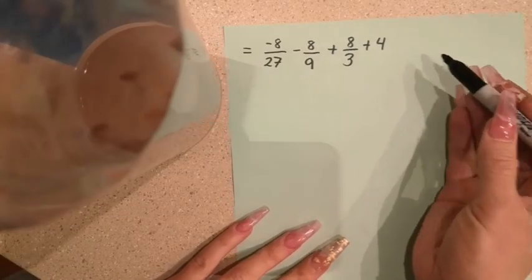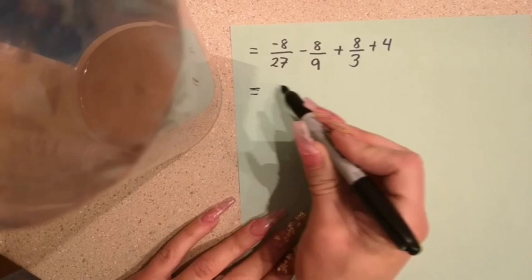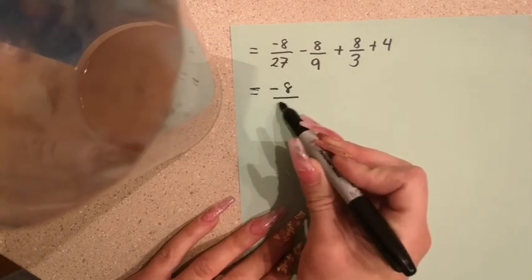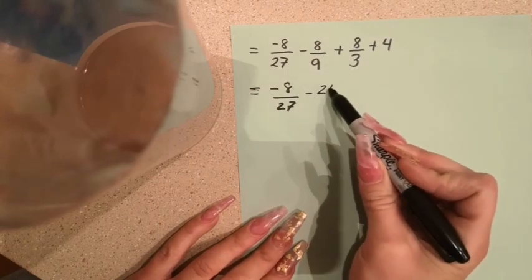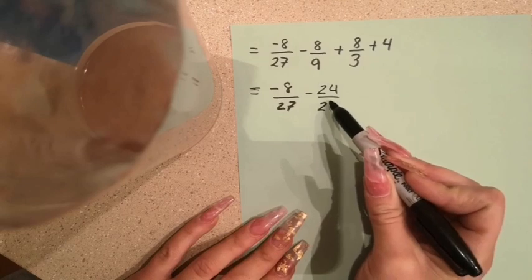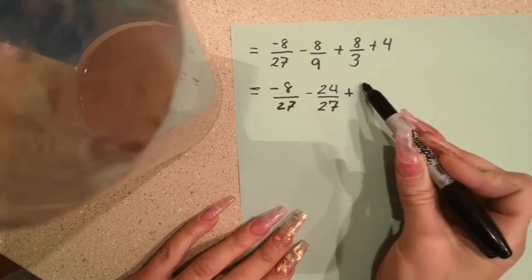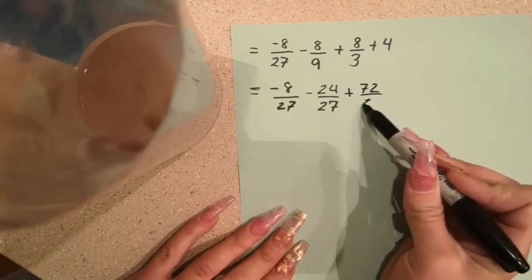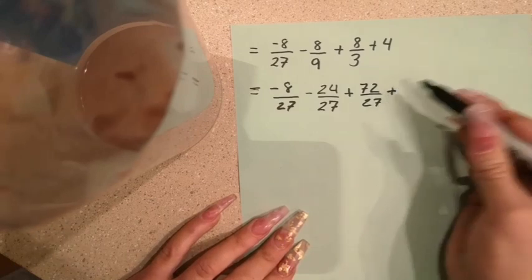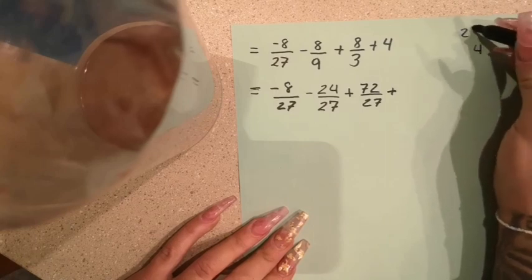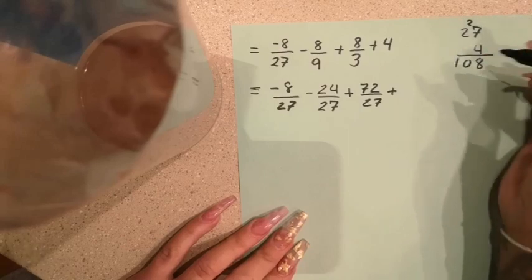Okay, so now I have to get this simplified. I'm going to need a common denominator. So I guess that would be 27. So I have negative 8 over 27. I'd multiply this by 3 over 3, so that's negative 24 over 27. And then multiply this one by 9, 72 over 27. And then 27, is that 108?